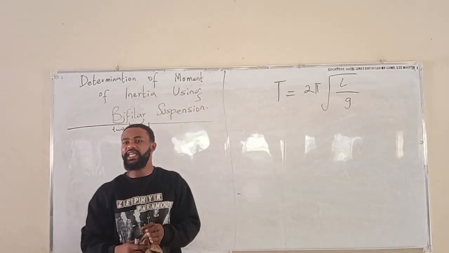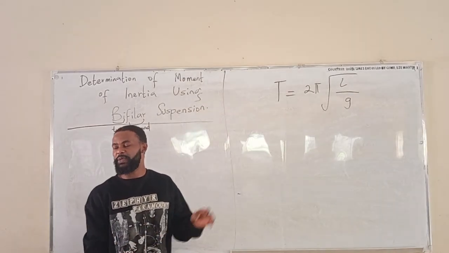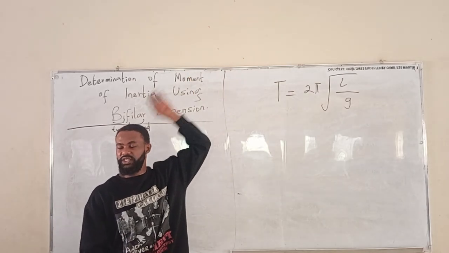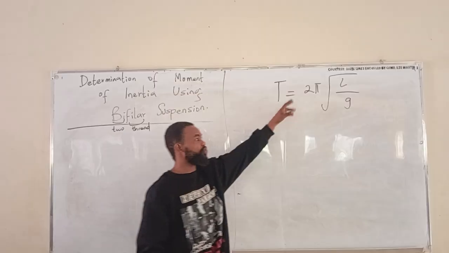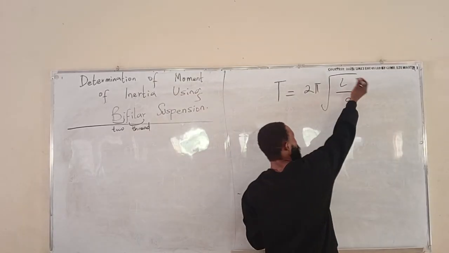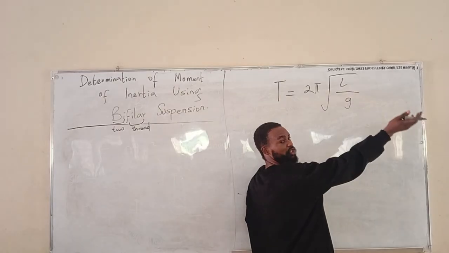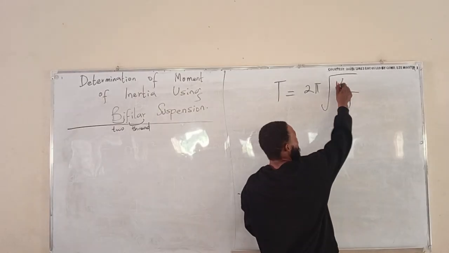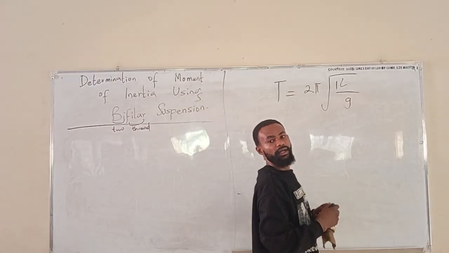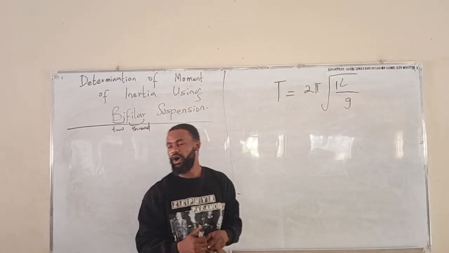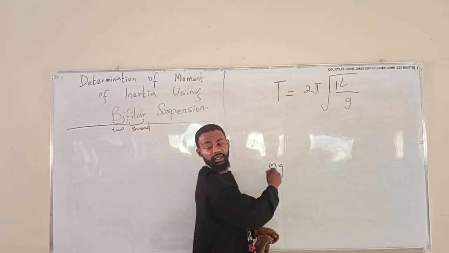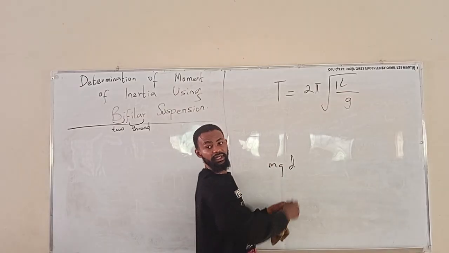Yes. But whenever it has to do with bifilar suspension or two-thread, or you are talking about moment of inertia, the formula is just this particular formula. We know that it's very easy. Put I anywhere. You know that multiplication is distributive, commutative, associative. So put I anywhere at all. Then work is mg and d, right?